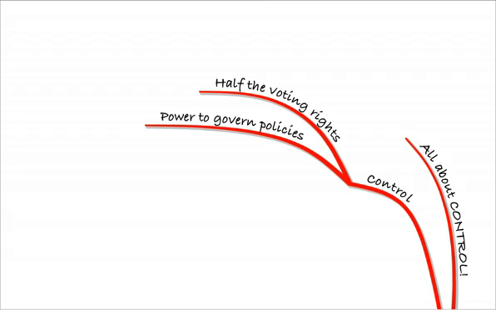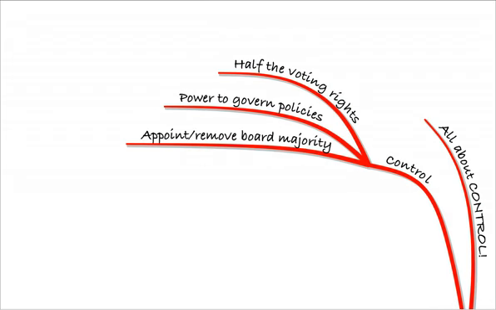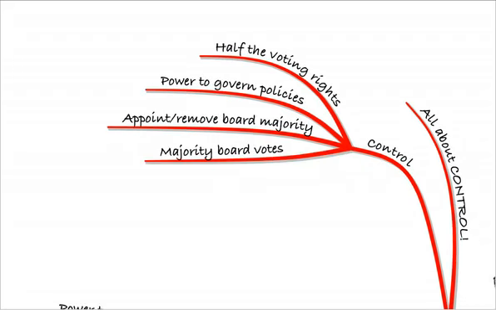If you have the power to govern policies, that's control. If you have the power to appoint or remove a board majority, again, that's control even if you don't have half the voting rights. Or if you have a majority of the board votes, again, that's control even though you don't have half of the voting rights.